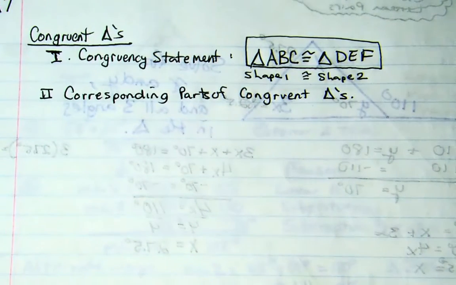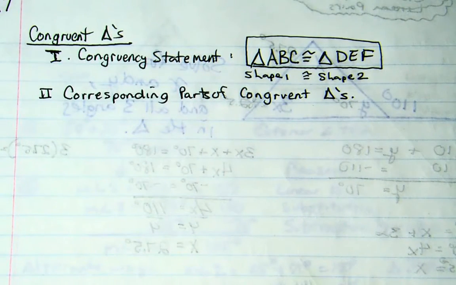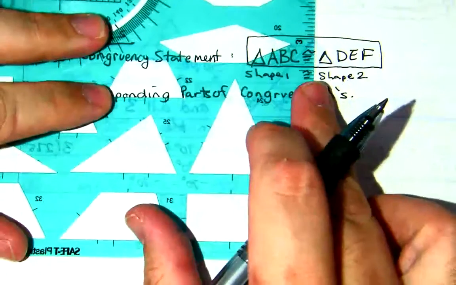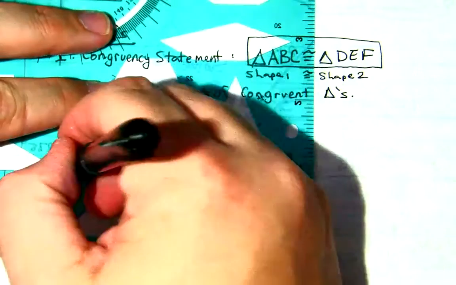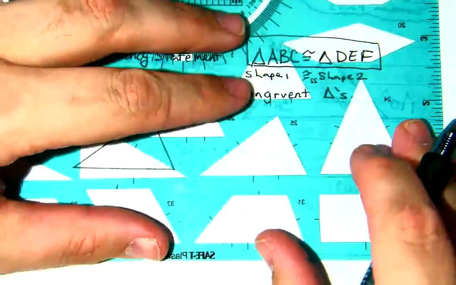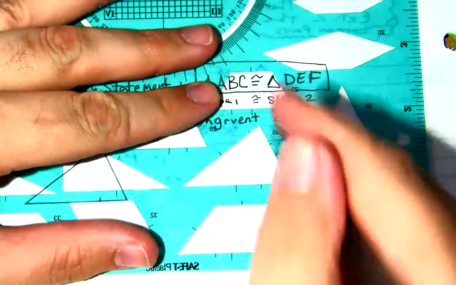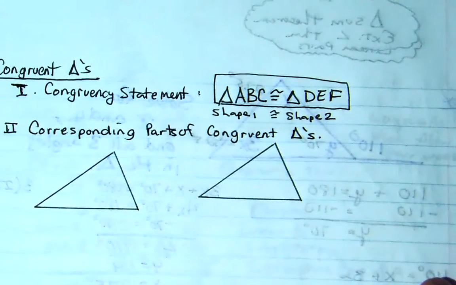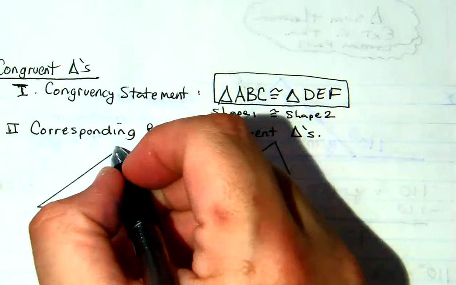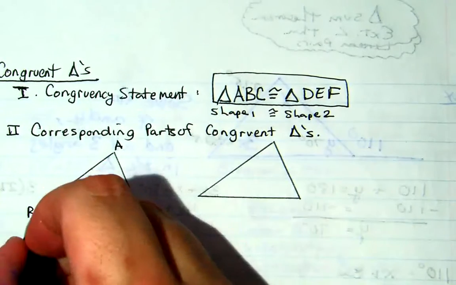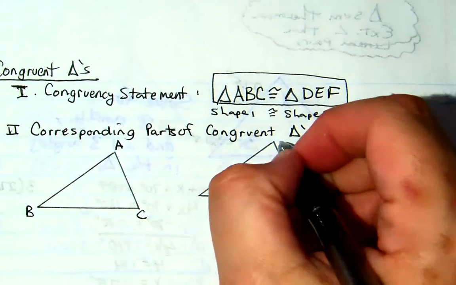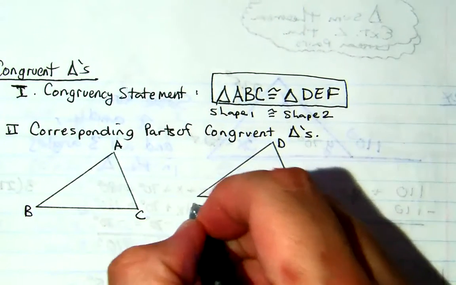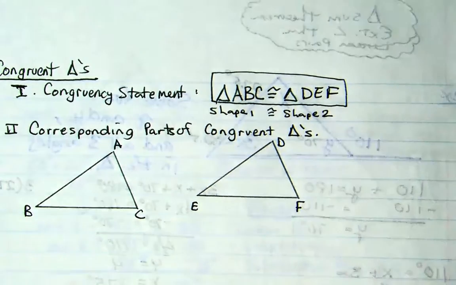So we have two triangles that are congruent to each other because I'm going to use the same mold for each one. And I'm going to say this is A, this is B, and this is C, this is D, this is E, and this is F.